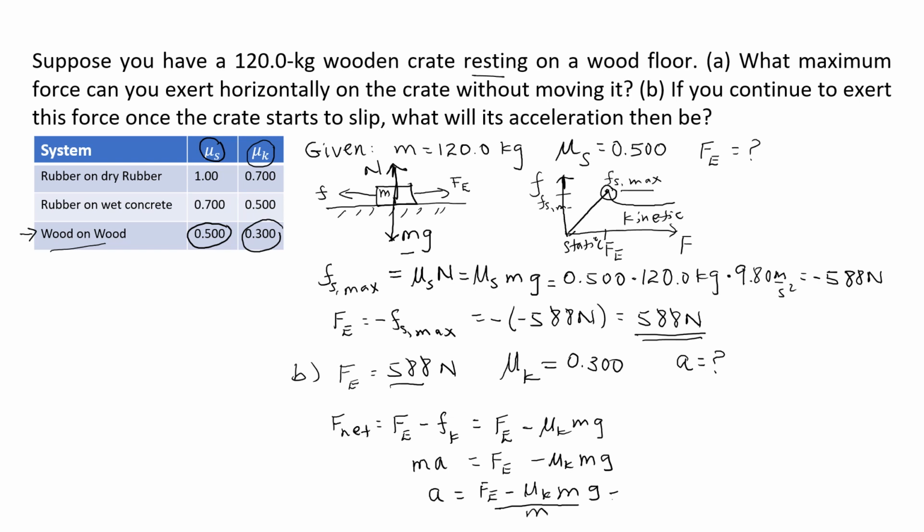Plug in the numbers. The exerted force is 588 newtons. Mu sub K is 0.3, times the mass, which is 120 kilograms, times the absolute value of the gravitational acceleration, which is 9.80 meters per second squared.